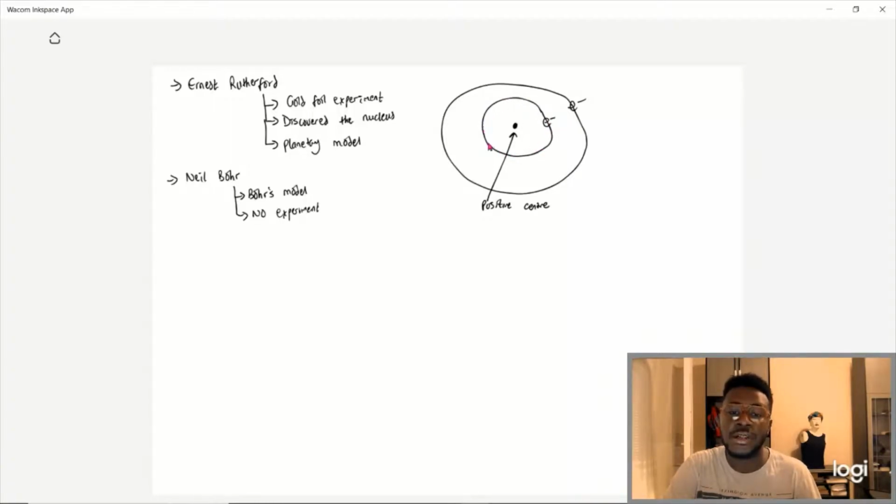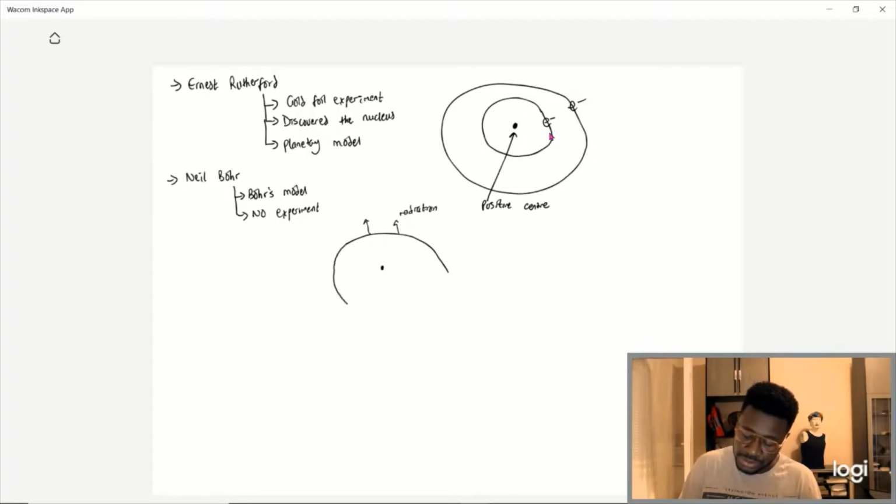So there is a law in physics that says that when a charged particle is accelerating or decelerating, it gives off radiation. So according to Rutherford's model, if it were correct, you're supposed to have the nucleus and the electron moving and it's giving off radiation. And it's supposed to be losing energy and spiraling.